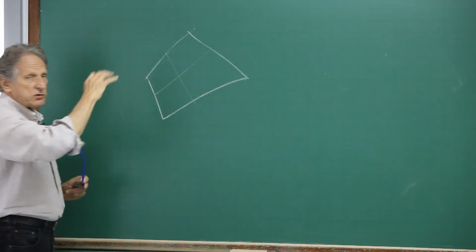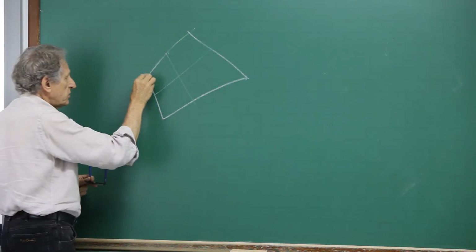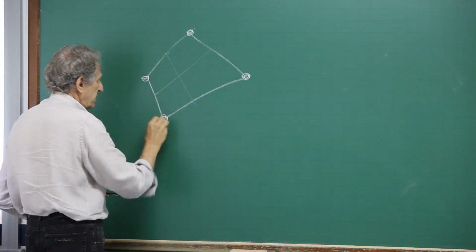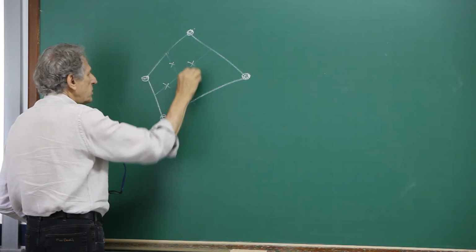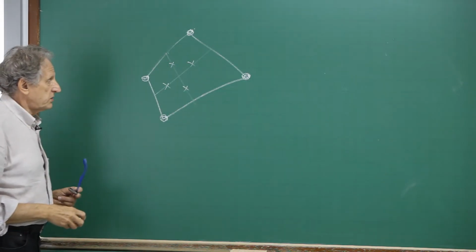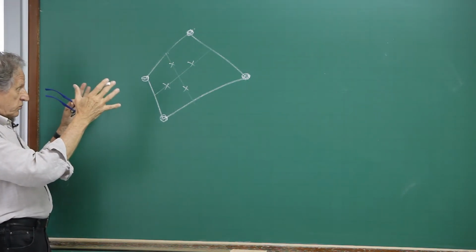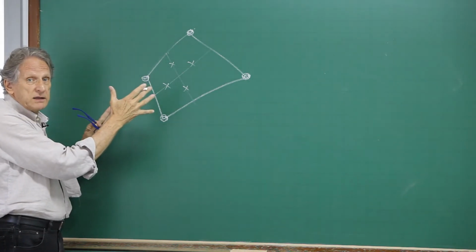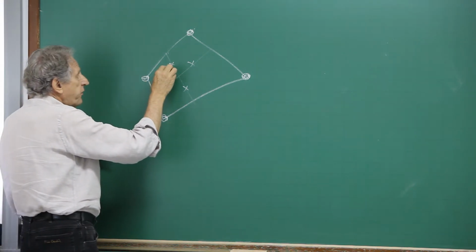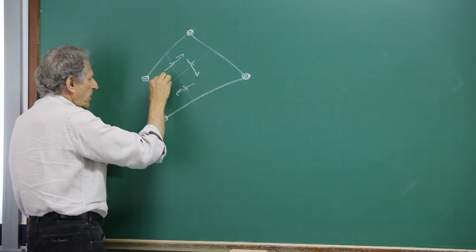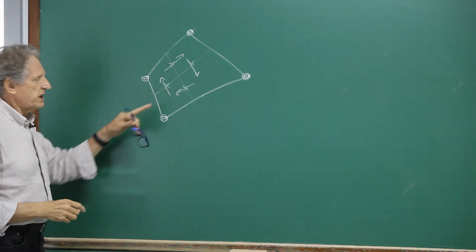You divide in 4, because you have one unknown here, another one there, another one there, another one there: 1, 2, 3, 4 integration points. What I want to do is to stop in this element, where there is one flux for each.